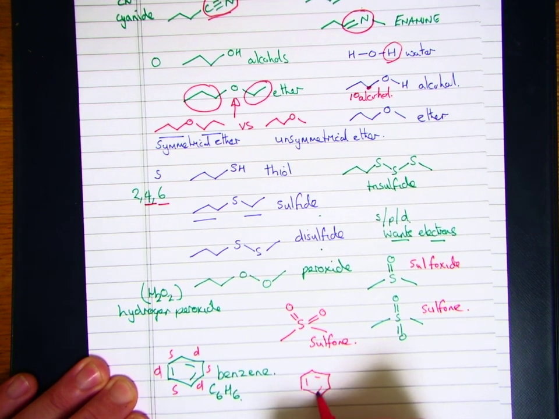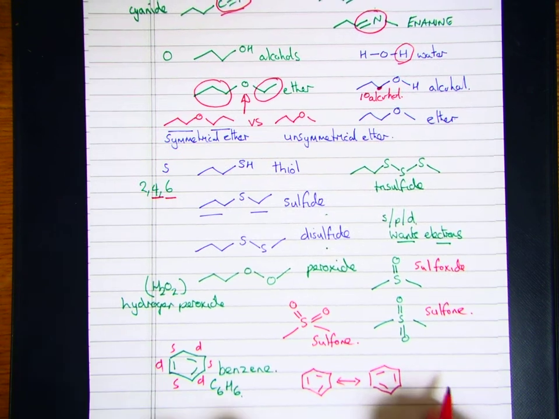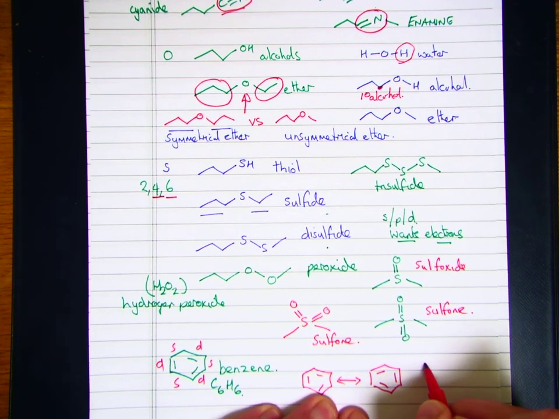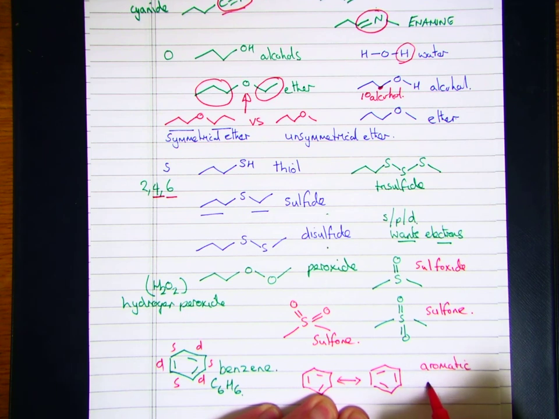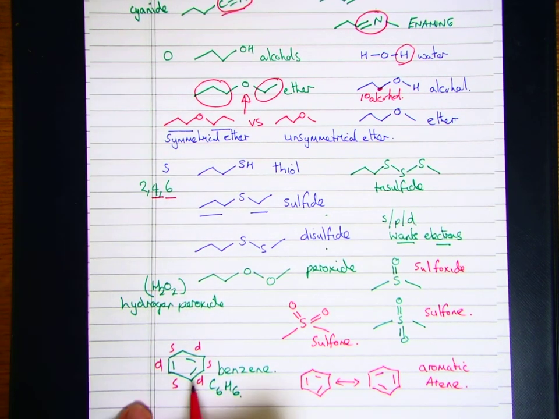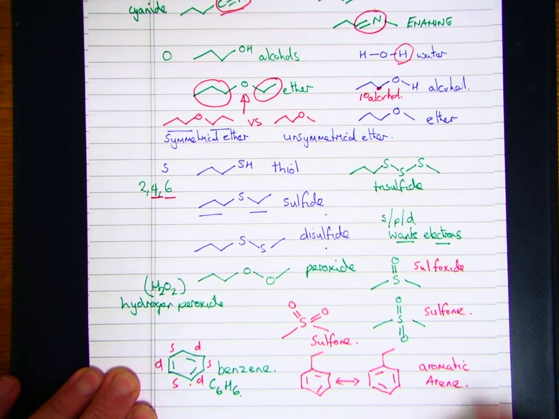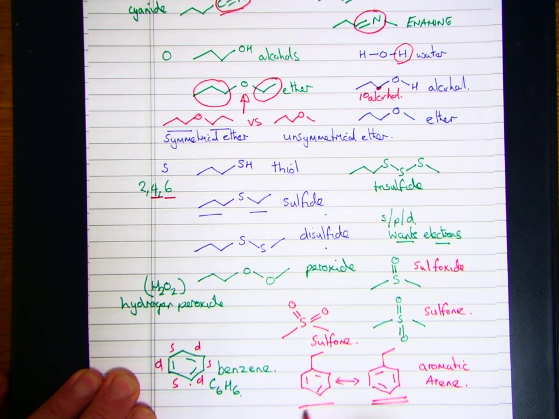We can draw that this way, or we can draw it that way, depending on where the double bonds are. This is an example of an aromatic or aryl or arene group. So benzene is an example. This is a specific compound called benzene, but if I then put a substituent on it, I guess we can call it an aromatic or arene group, which requires this alternating set of double bonds.